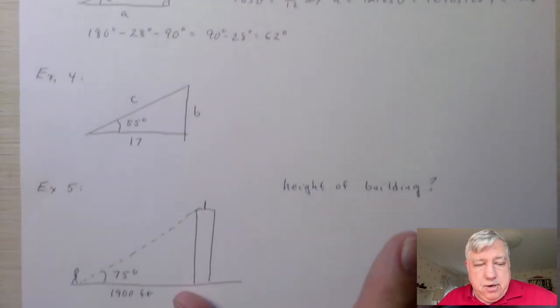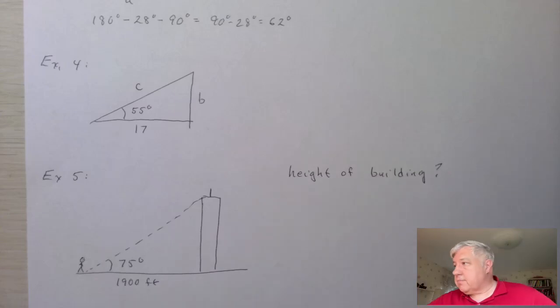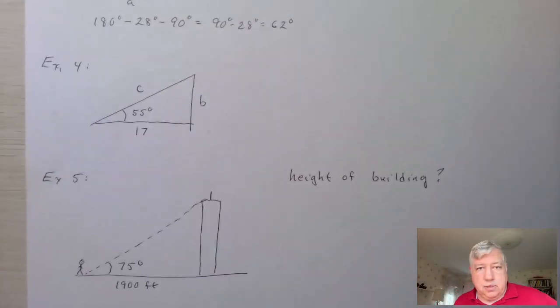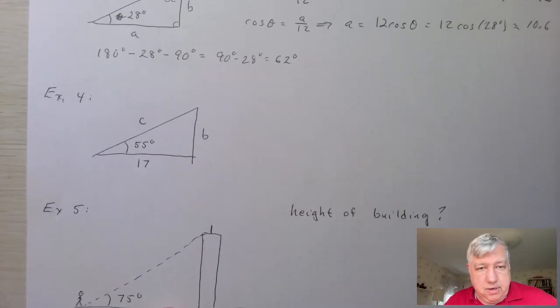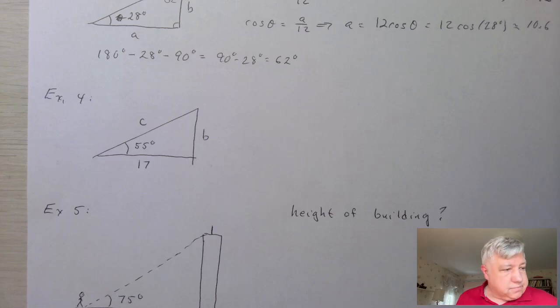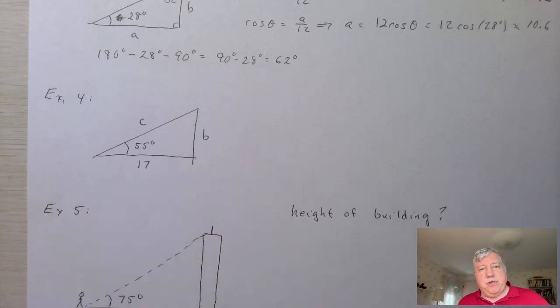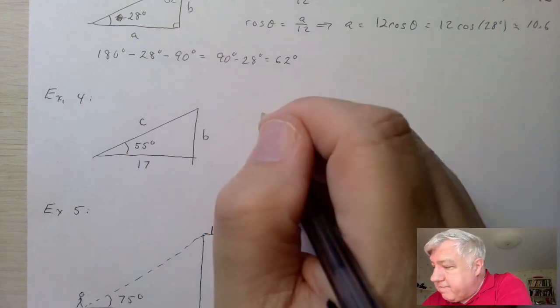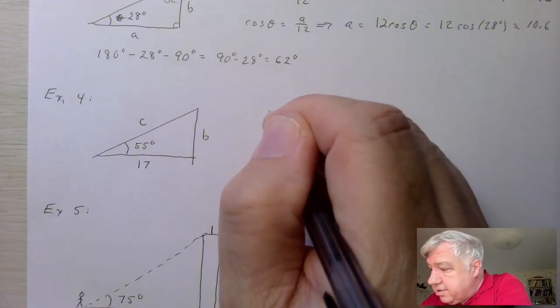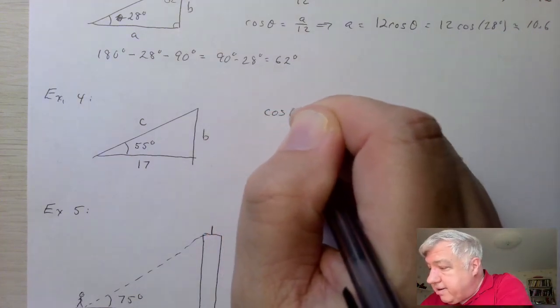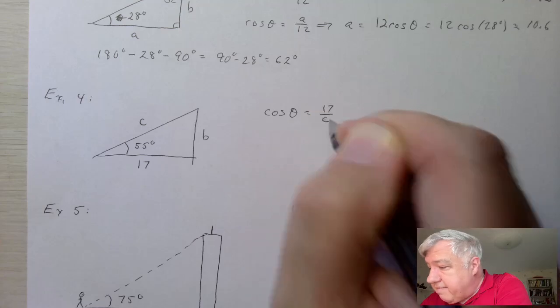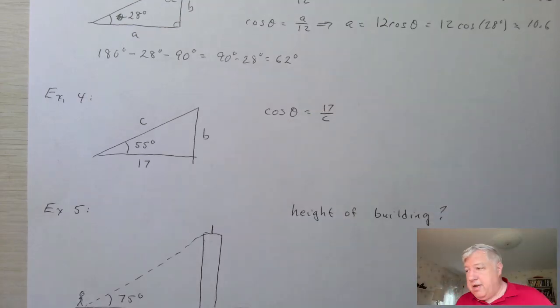Another example here. Here we have another case, except here the known side is the adjacent. So if we're going to use some trig function, it has to involve the adjacent. Why don't we make it the cosine? So we can see that the cosine of theta is going to be 17 divided by the hypotenuse, which is c.